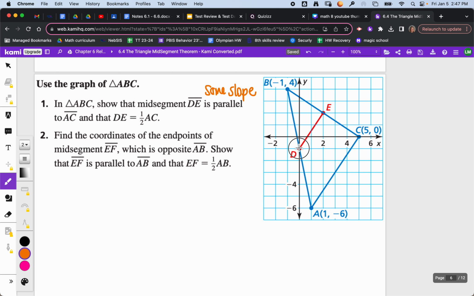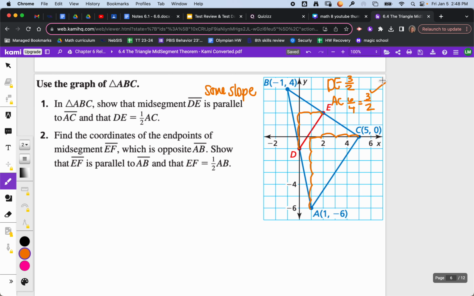To get from D to E, I need to go 1, 2, 3 over 2. So DE's slope is 3 over 2. And then AC's slope is 1, 2, 3, 4, 5, 6 over 1, 2, 3, 4. So AC was 6 over 4, which does reduce to 3 over 2.